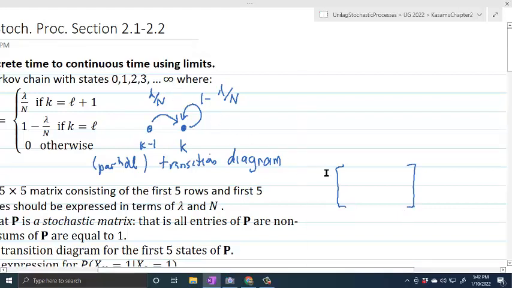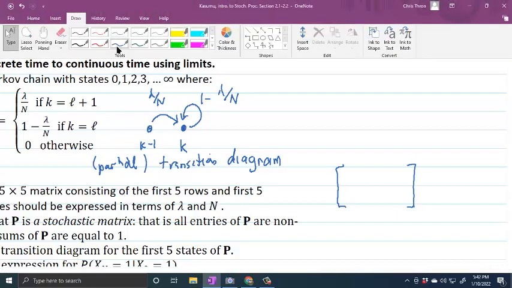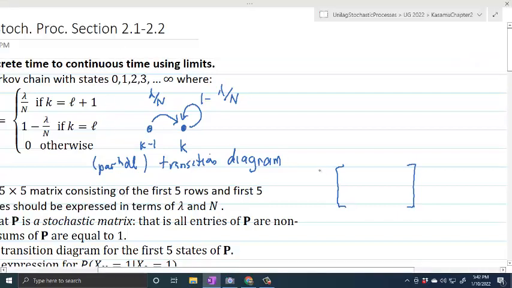And down here we label some states. Since I want the first 5 rows and first 5 columns, the states will be 0, 1, 2, 3, and 4 here. 0, 1, 2, 3, 4. Now these states are where I'm coming from, and these states are where I'm going to.